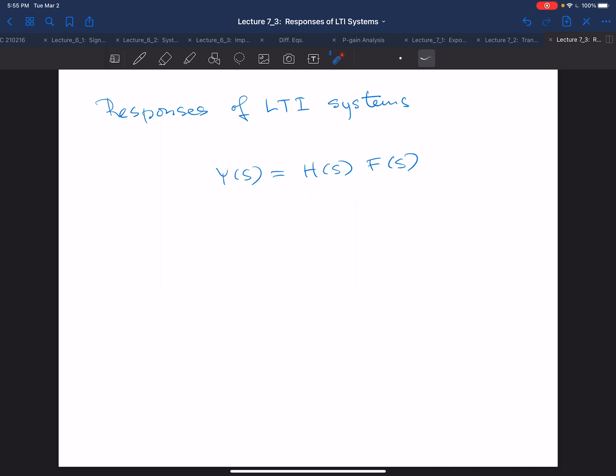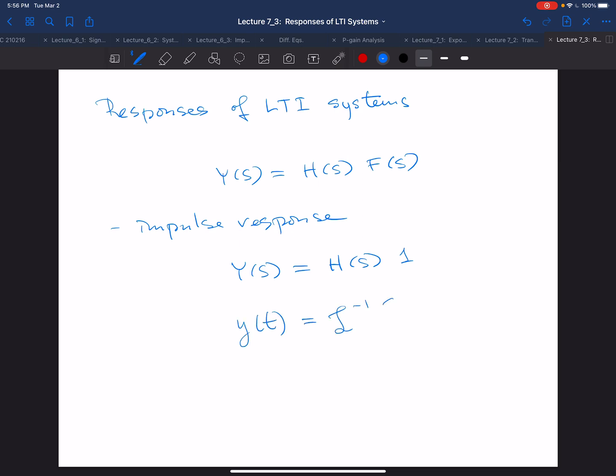For a simple example, let's talk about how we would compute the impulse response. So again, in the case of the impulse response, f(t) is a unit impulse, so its transform is just 1. So in order to find the response y(t), all we have to do is to invert H(s), the transfer function.